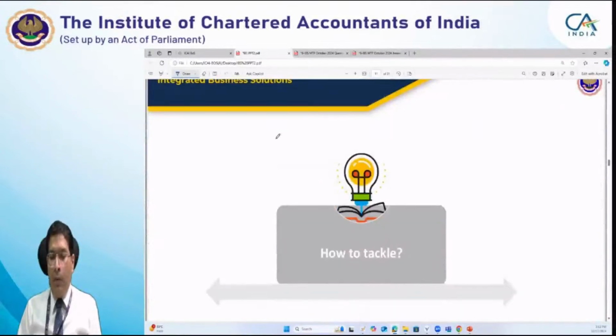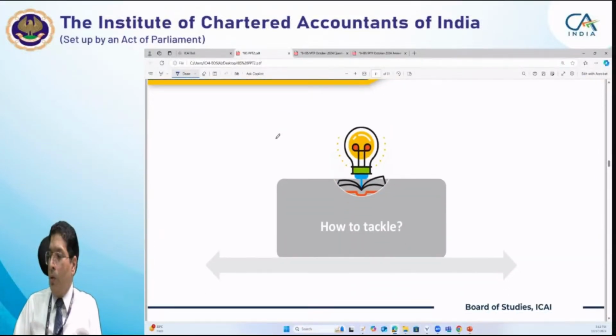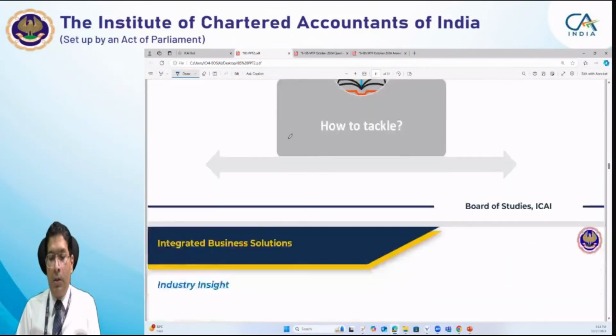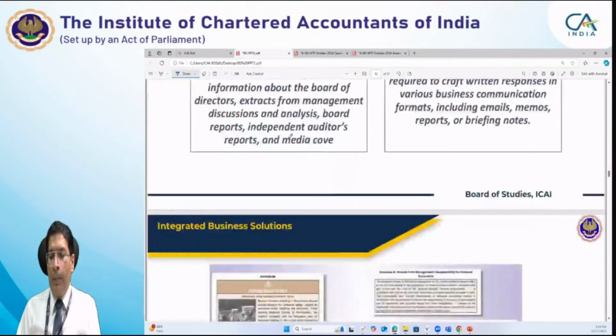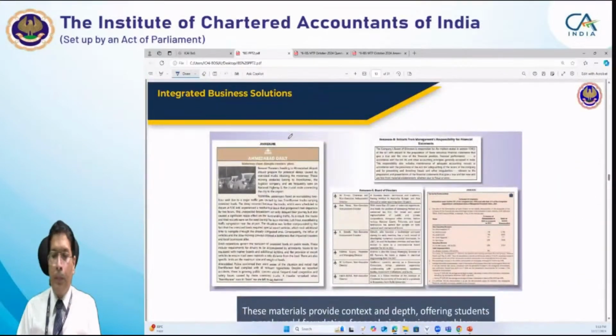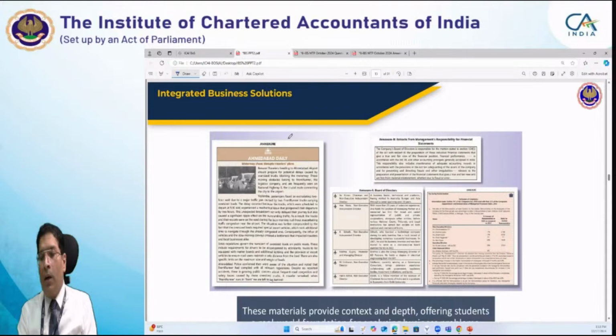Students, now I will discuss with you how to tackle this paper. In a case study, you may find some annexures regarding director remuneration, or news, or some extracts from the management's responsibility section.